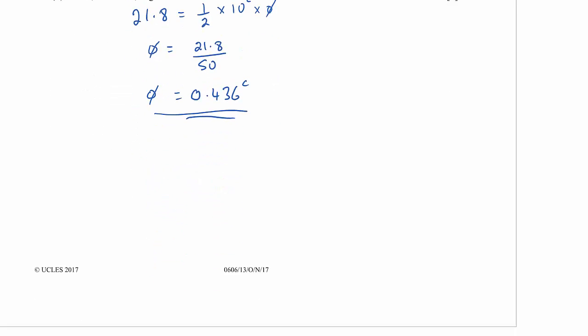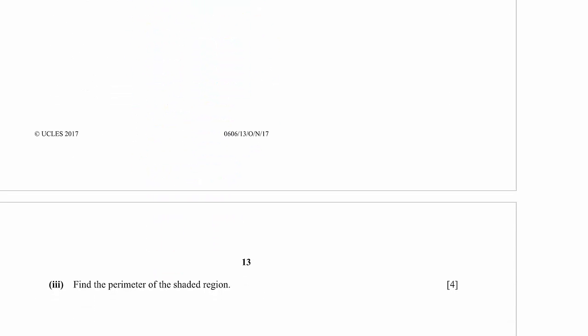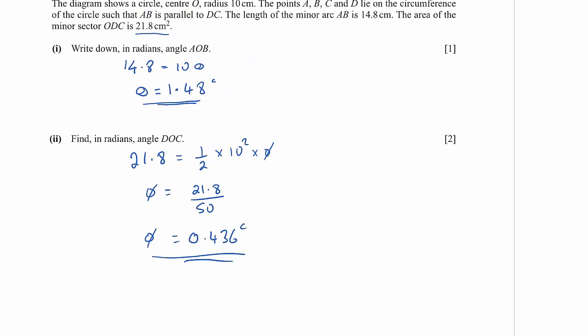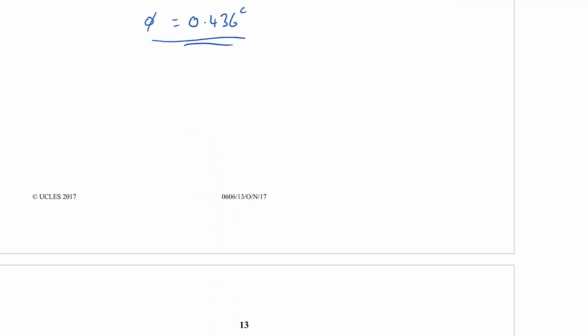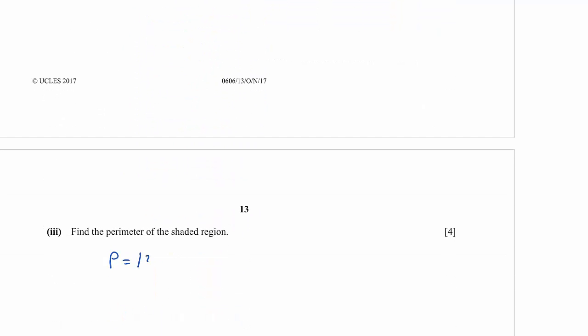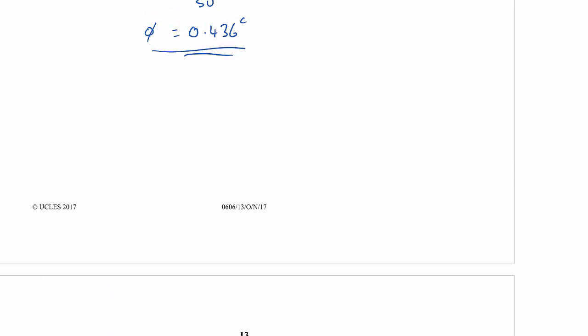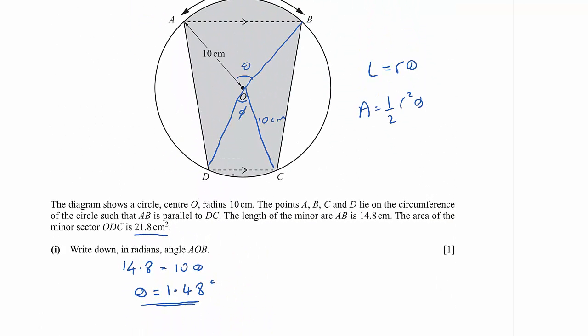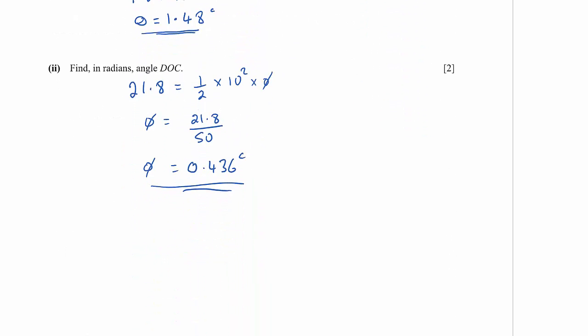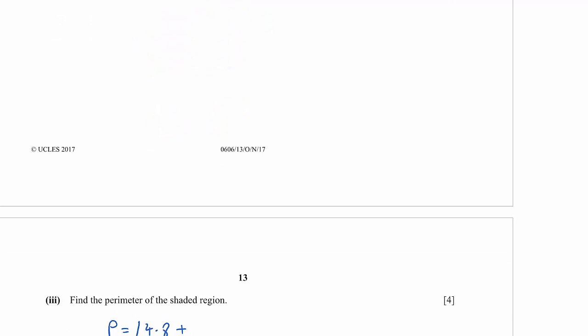Okay, so what do we want to do next? We want to find the perimeter of the shaded region. That's made up of the two arc lengths, one of which we were given to start with. So that's 14.8 plus the arc length here, which is going to be 10 times 0.436 using L equals r theta.